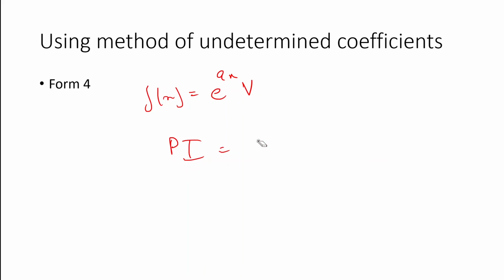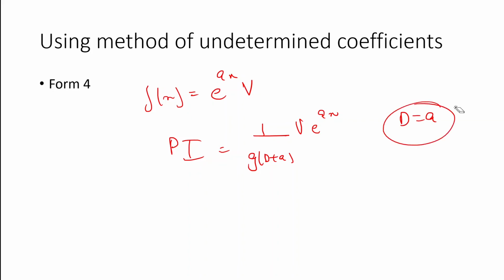We say particular integral is 1 by g of d plus a times v e to the power ax. That's our solution. And again d is equal to a. Same procedure as the form 1, but instead of just d, it is d plus a. That's all. And with that we are done with the four fundamental forms.